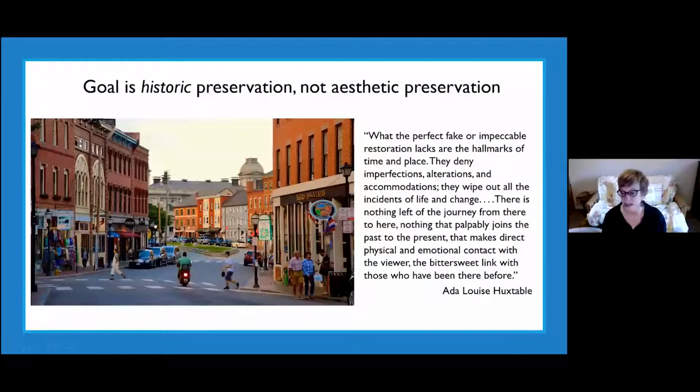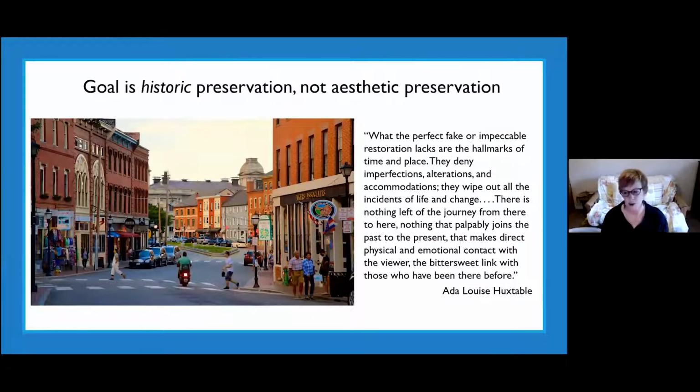And this is because the goal is historic preservation, not aesthetic preservation. So it's not about trying to create historic districts where everything is aesthetically unified, where if elements are missing, you just imagine what would have been there, or if you're building infill, you just replicate what was there historically, because that's a false sense of history.